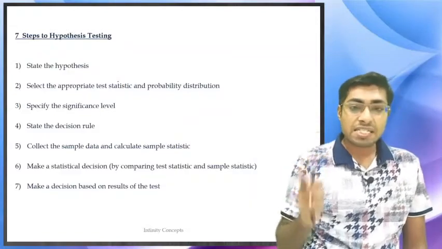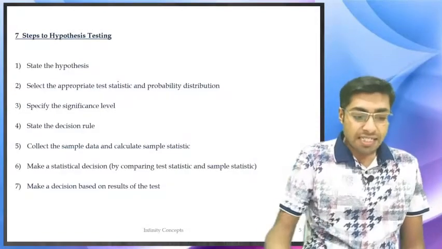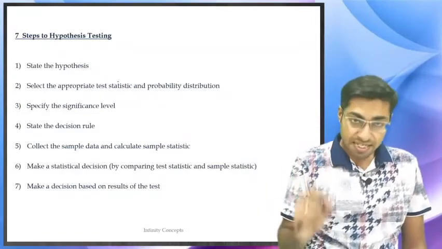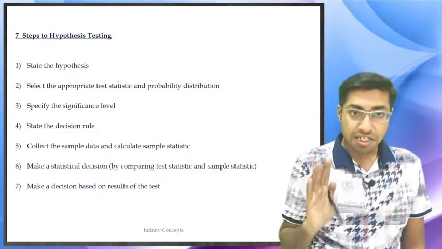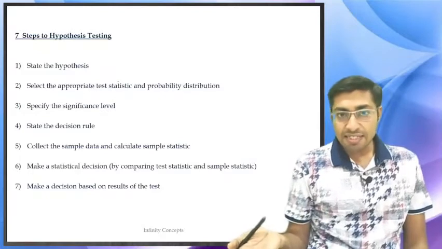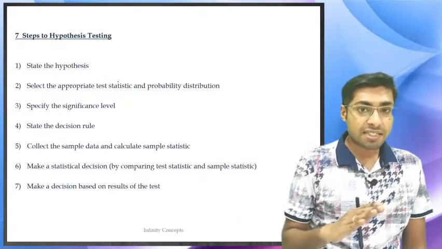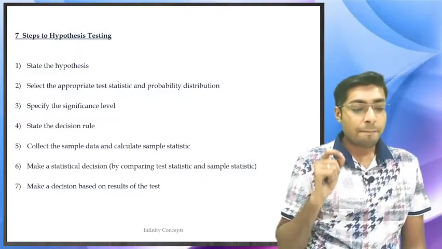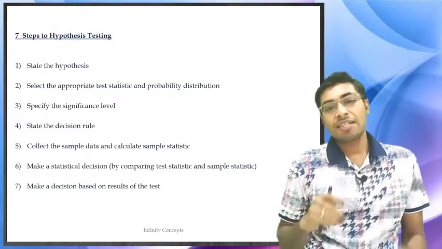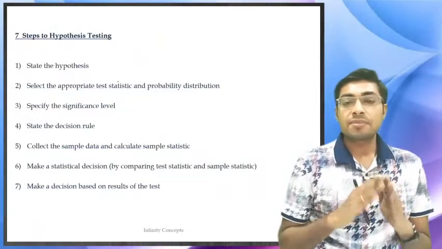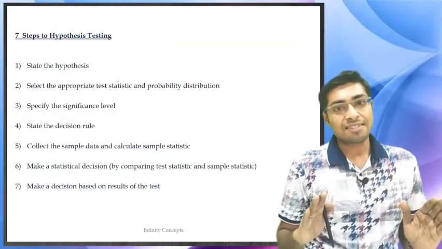Fourth, state the decision rule. Fifth, collect the sample and calculate the sample statistic. Sixth, make a statistical decision by comparing the test statistic and the sample statistic. And the seventh one, make a decision based on the results of the test. This is what hypothesis testing is.